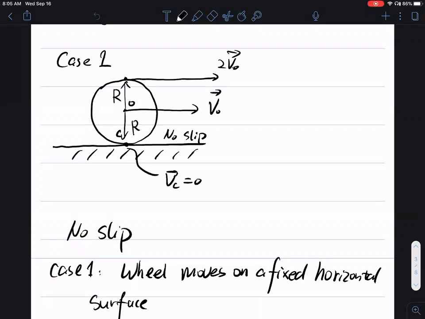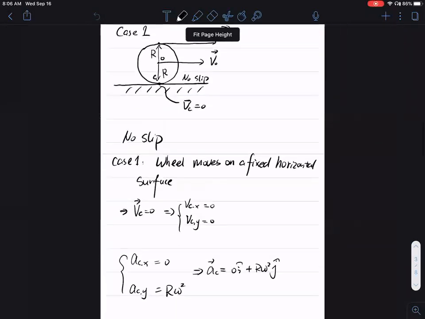What is the acceleration? Acceleration in the x direction is 0, since the ground is fixed. The acceleration in the y direction equals omega squared r. That should be in your notes. That's case one.